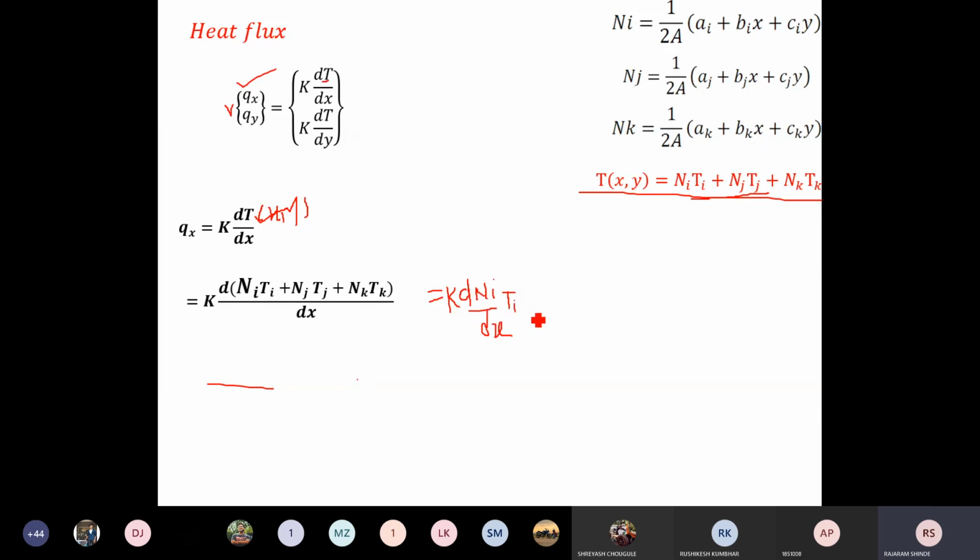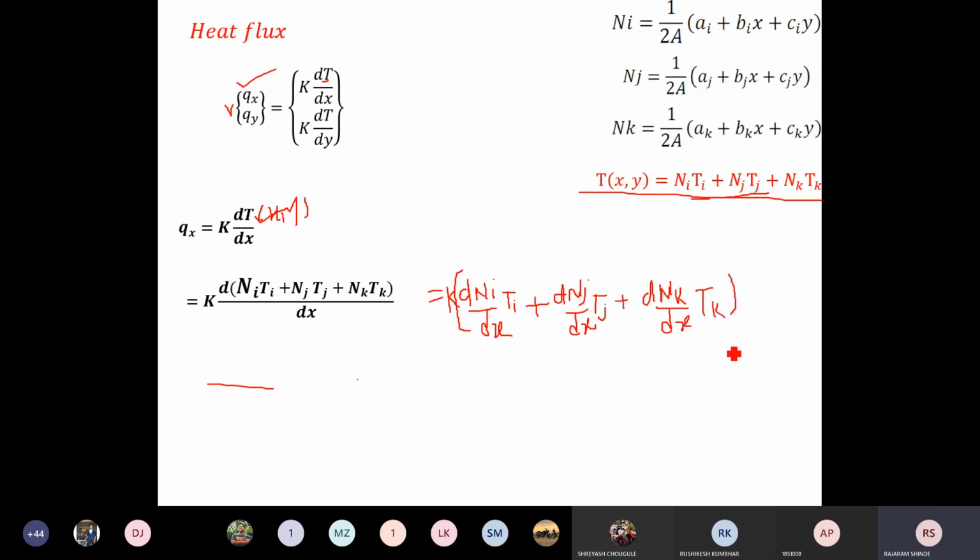Now here there is a bracket, plus dnj by dx into tj. Okay, plus next is dnk by dx into tk. Any doubt in this equation?